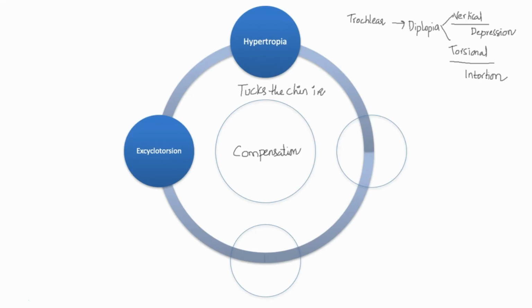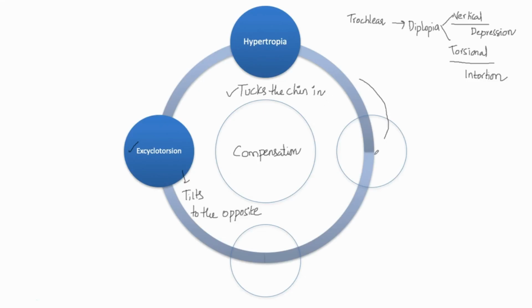What happens when you tuck your chin? Even though the eyes are not depressing, you can better see the visual field on the ground side. So this is how the compensation happens when there is hypertropia. How is excyclotorsion compensated? As we already told you, the head tilts to the opposite side. So tucking of the chin inside and tilting of the head to the opposite side is the compensation.